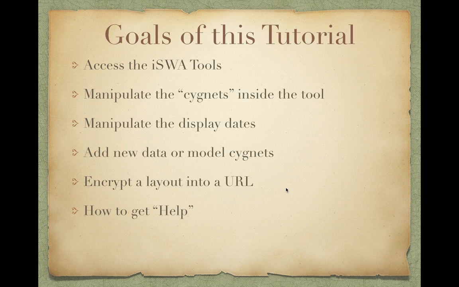We'll manipulate the signets, the data sets inside the tool, look at how to display the data at various dates that are available, add a new data set, encode the layout into a URL that can be shared with other people, and also how to get help.